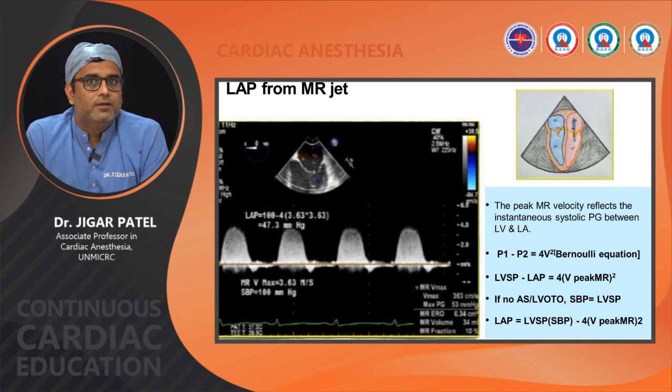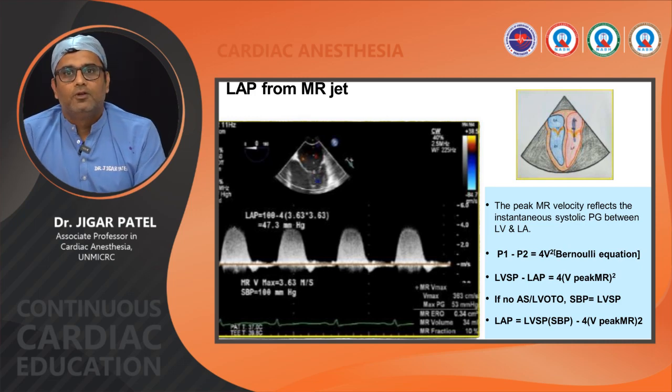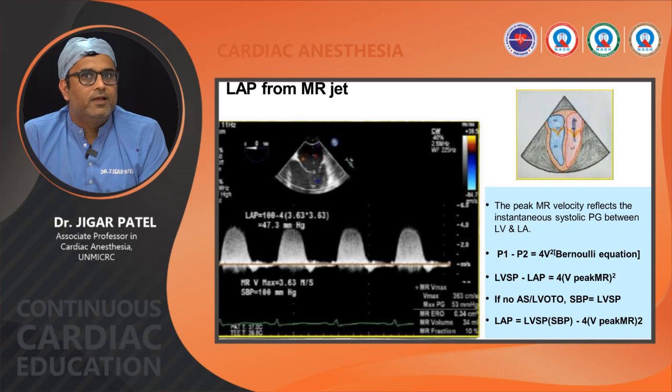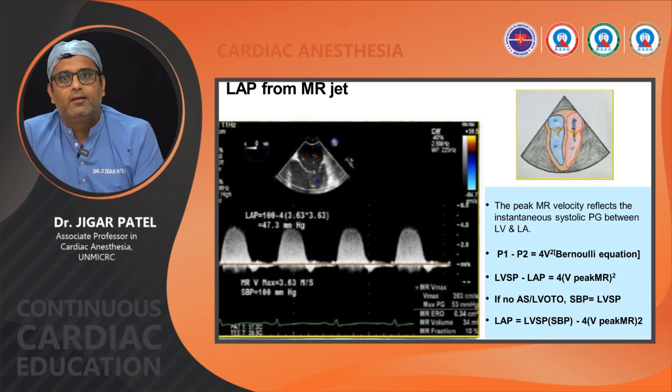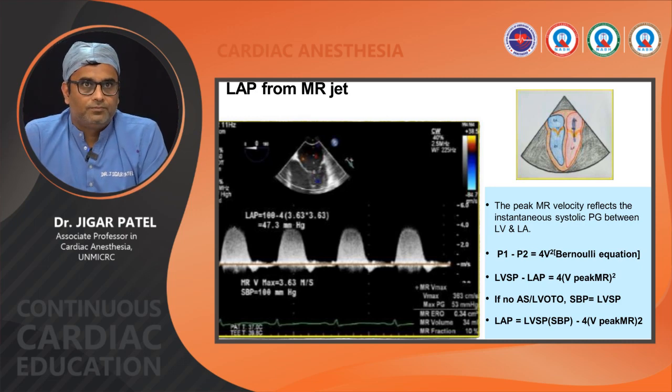So LVSP minus LA pressure is equal to 4 times peak velocity across the mitral valve. If there is no AS or LVOTO, then systolic blood pressure is equal to LVSP. So you can calculate LA pressure by this equation.